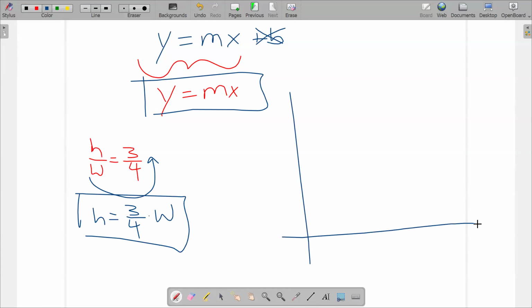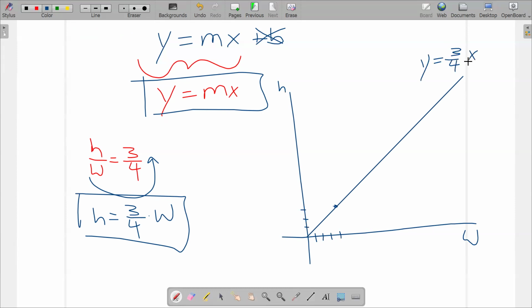So if I were to graph that, then I'm always going to find heights compared to widths where it's up 3/4. So that point right there is going to be on my graph. And that would be the line y equals 3/4 x.